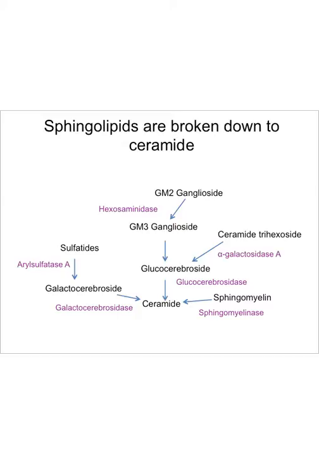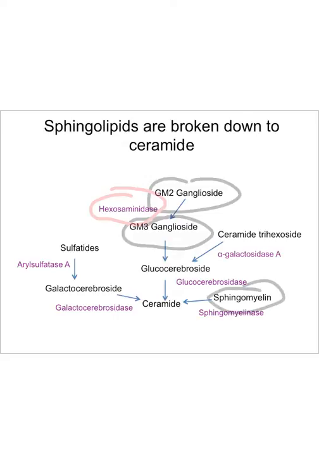Each of these breakdown steps is associated with a specific enzyme. For instance, the breakdown of GM2 gangliosides to GM3 gangliosides is catalyzed by the enzyme hexosaminidase, while sphingomyelin is broken down by an enzyme called sphingomyelinase. To cut the story very short, it is defects in each of these enzymes which underlie lipid storage diseases.